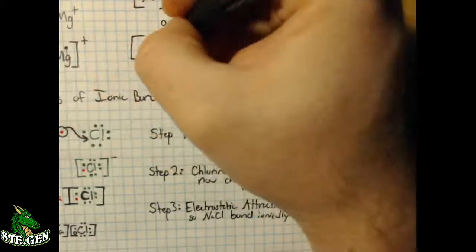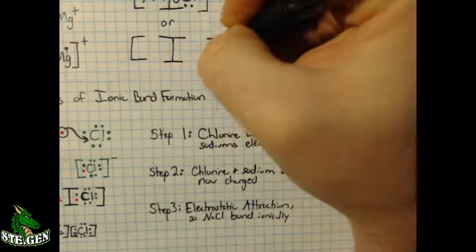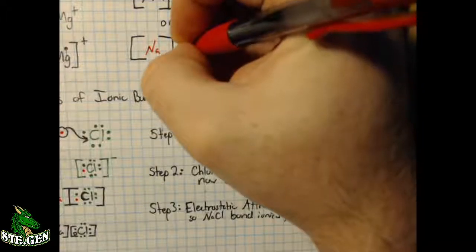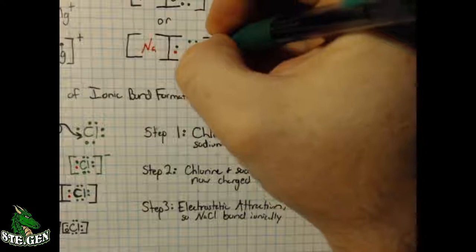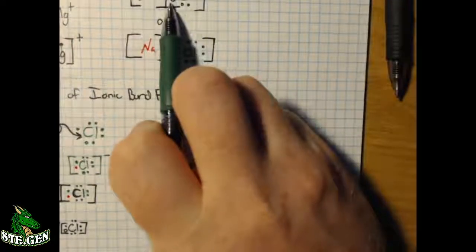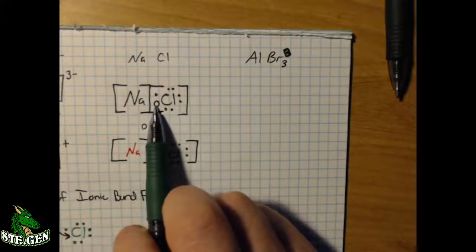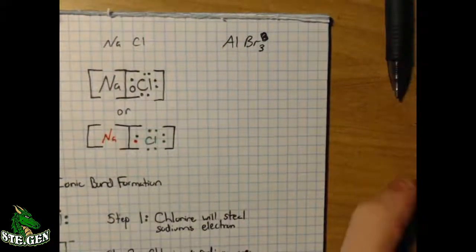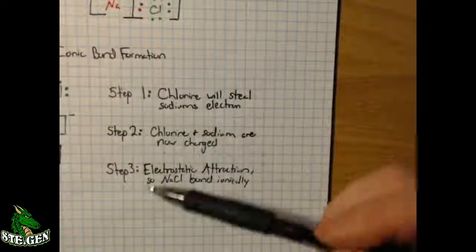Or, and I know it's a pain to use all these colors, which is why I'm giving you the option of, as long as you indicate that this electron here came from the sodium, you are good. Okay, so that's the process explained, but normally you're not going to want to work through all of this information.